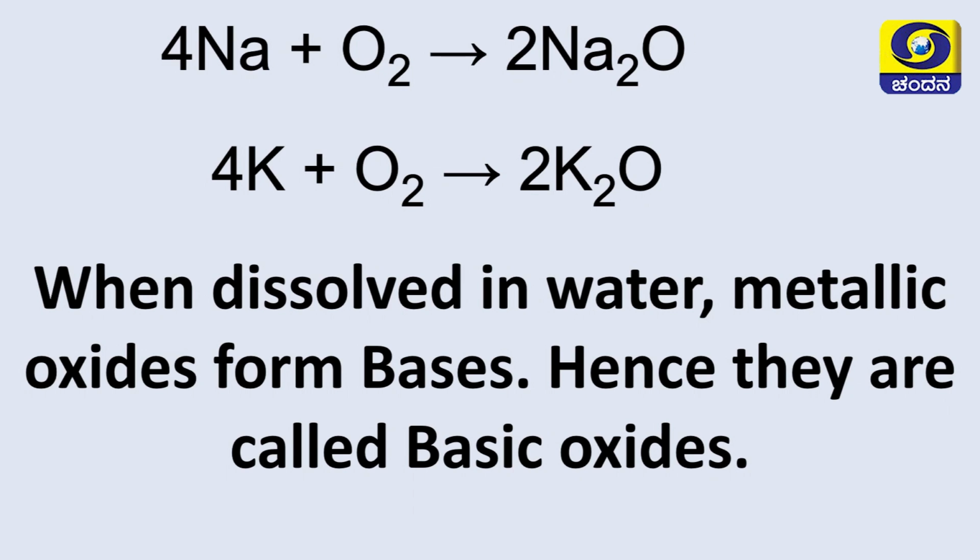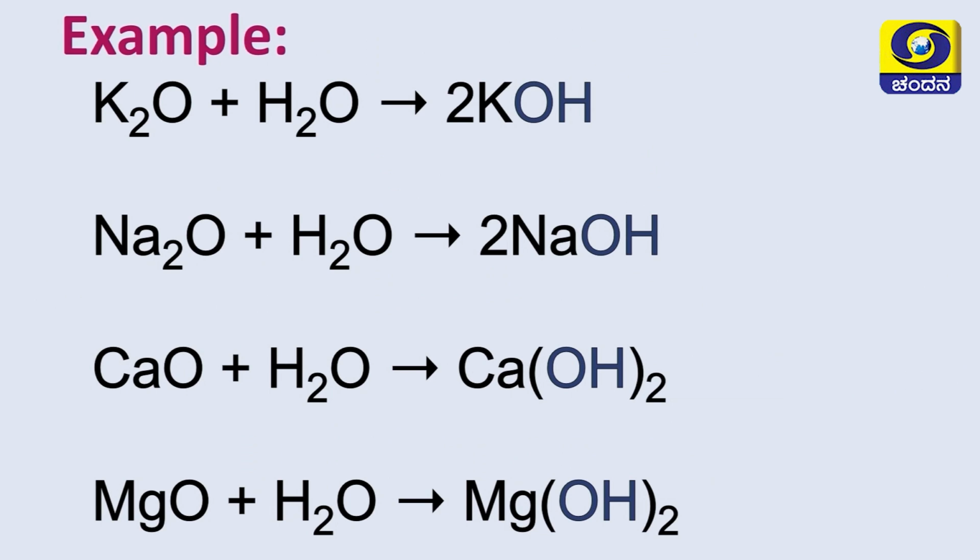So now we can see here, sodium reacting with oxygen forms sodium oxide and potassium reacting with oxygen forms potassium oxide. When you dissolve these oxides in water, for example, potassium oxide forms potassium hydroxide, KOH, and sodium oxide forms NaOH, sodium hydroxide.